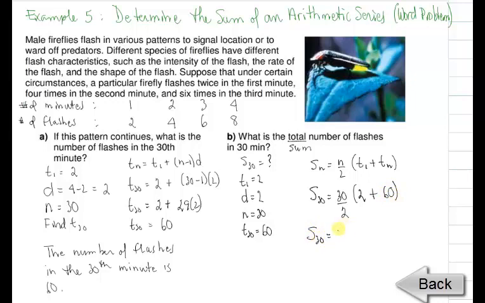So S30 is equal to 15, because 30 divided by 2 is 15, and 2 plus 60 is 62, and so S30 is 930.